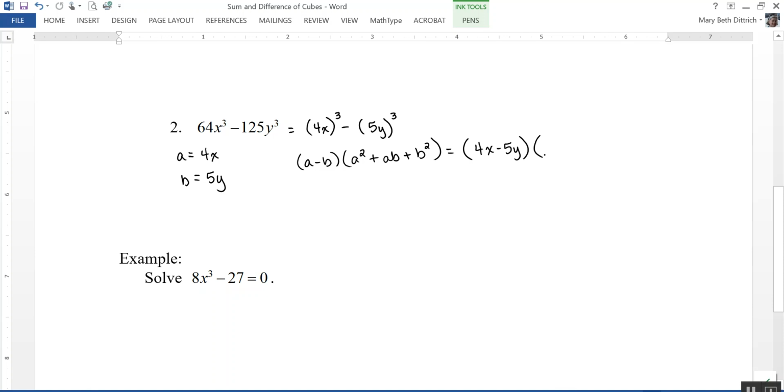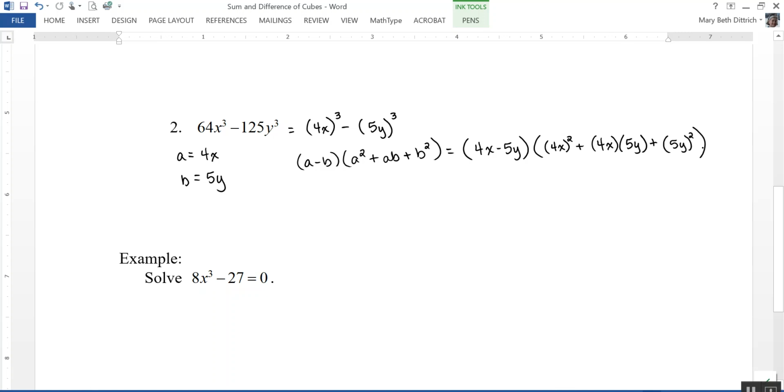And then here's where it gets a little complicated. I need a squared, and a is 4x, so I really need the quantity 4x squared, plus a times b, plus b squared, or 5y squared.